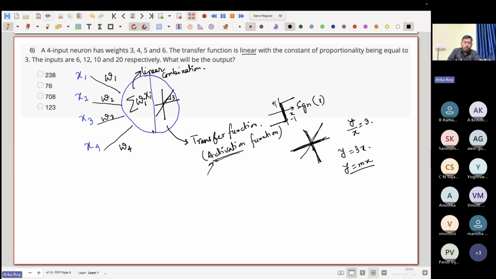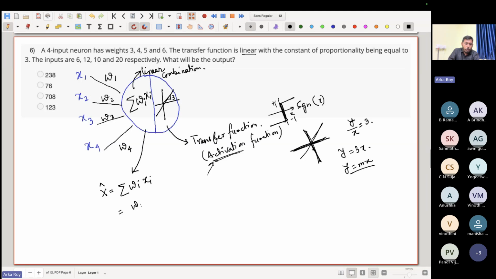So now let us write the equation for this case. When you have 4 inputs and the connection edges have the corresponding weights W1, W2, W3, and W4, the first operation is a linear combination. I can write the linear combination, let's say x hat, to be summation Wi xi.